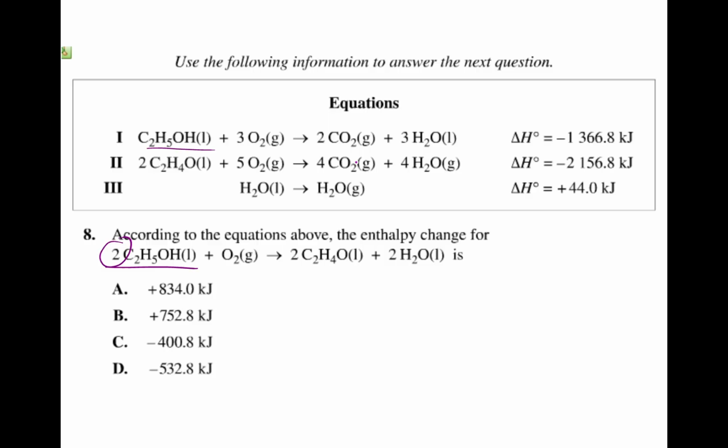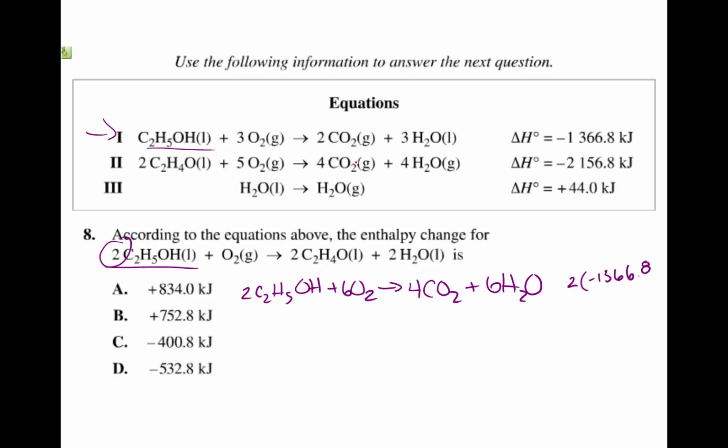So to make this reaction give me a 2, I'm going to multiply everything within by 2. I'm going to start rewriting it. So I have 2C2H5OH plus 6 oxygen. So I'm multiplying my 2 all the way through, plus 4 carbon dioxide, plus 6 water molecules. And now I'd also need my delta H value to be multiplied by 2.